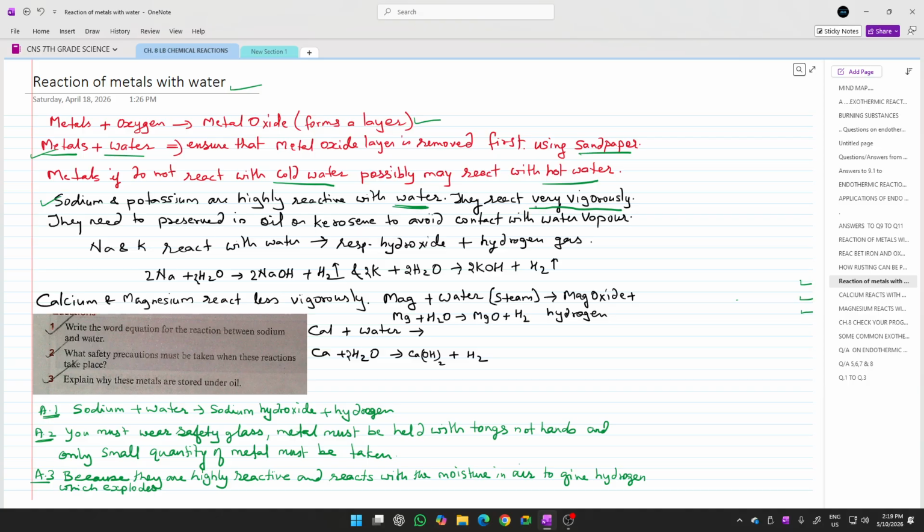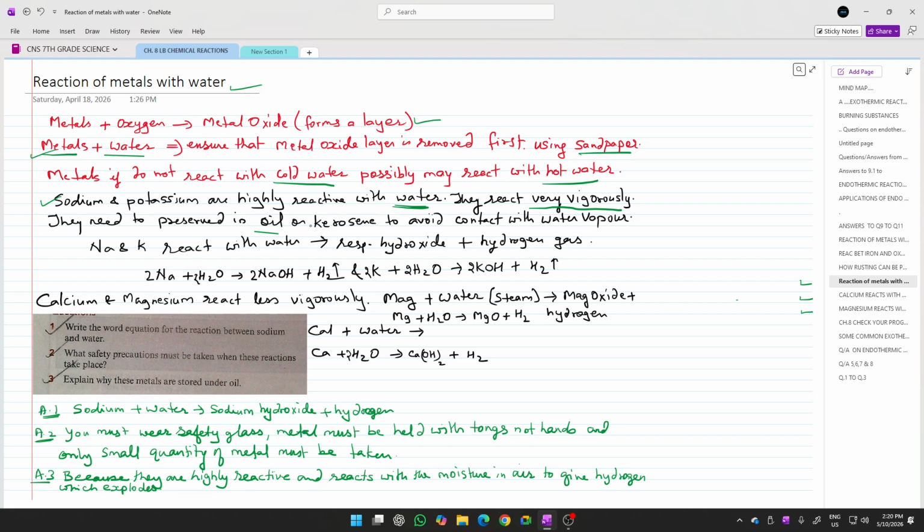Because these metals like sodium and potassium react very vigorously with water, that is why they are preserved in oil. In the air, water vapor is present. So if these metals are kept open, then the moisture of the air, moisture is nothing but water drops, will react with this metal, and the reaction will take place.